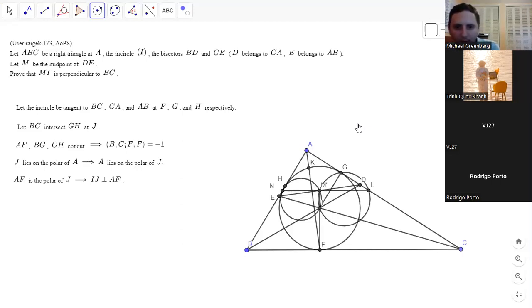I think all we really need is that DEI plus EDI is 45 degrees. And then from there we can find, oh wait, I want to find AED plus EAF.